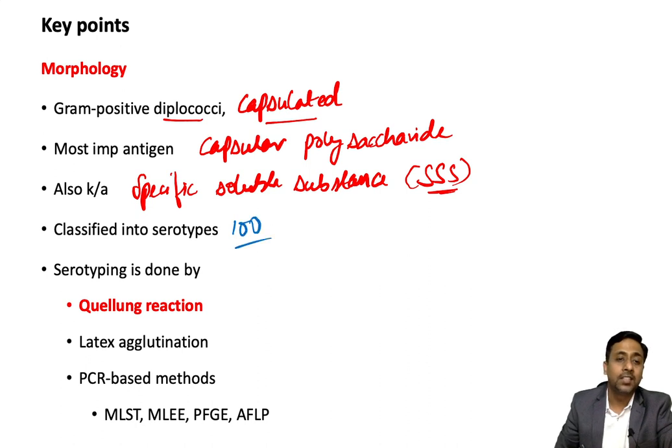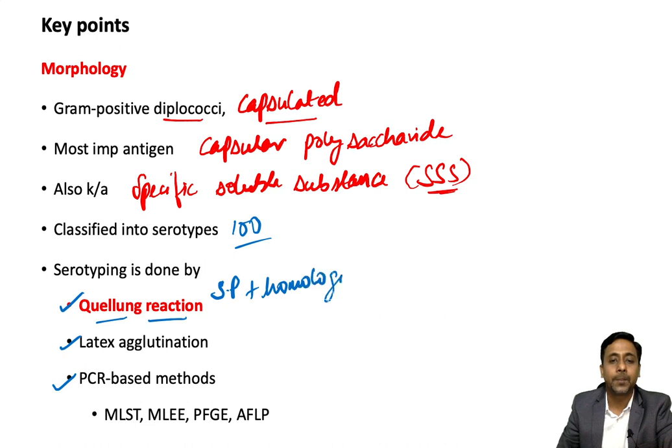And this serotyping is done by any of these three methods, that is Quellung reaction, latex agglutination, and PCR based methods. So what is Quellung reaction? In examination I have seen questions asked on Quellung reaction. The Quellung reaction is just adding a suspension of Streptococcus pneumoniae plus its homologous antiserum along with a loopful of methylene blue.